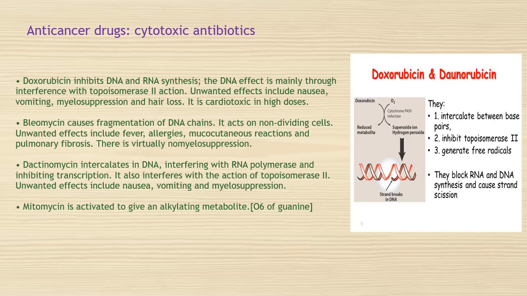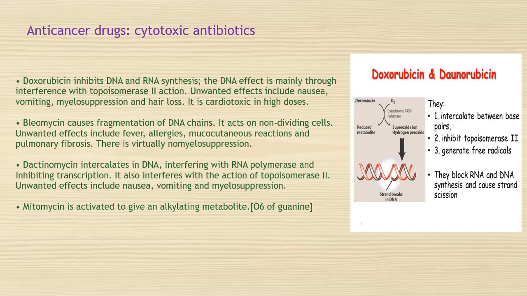This swiveling is produced by topoisomerase 2, which cuts both the DNA strands and subsequently reseals the breaks. So doxorubicin intercalates in the DNA and its effect is to stabilize the DNA topoisomerase 2 complex, or DNA gyrase enzyme, after the strands have been nicked. So this will prevent the further steps involved in DNA synthesis.